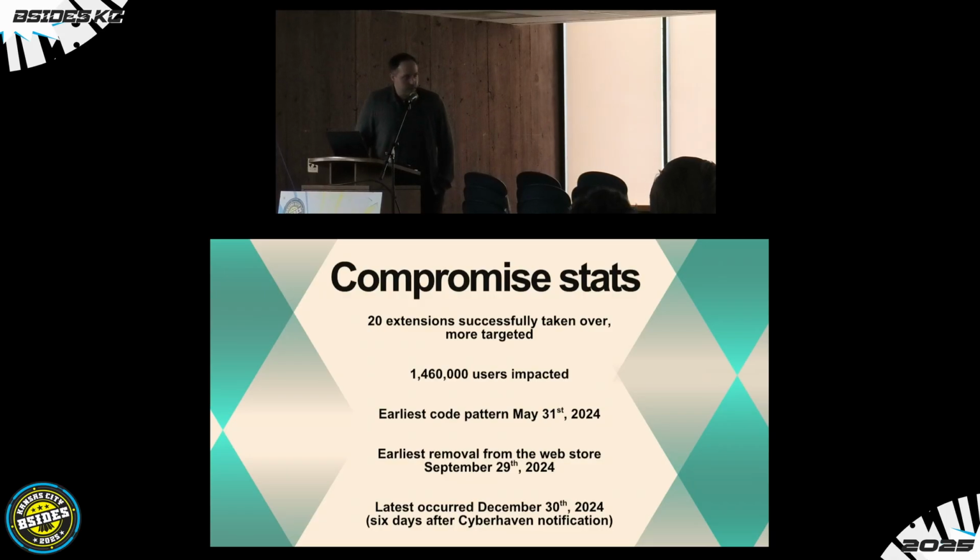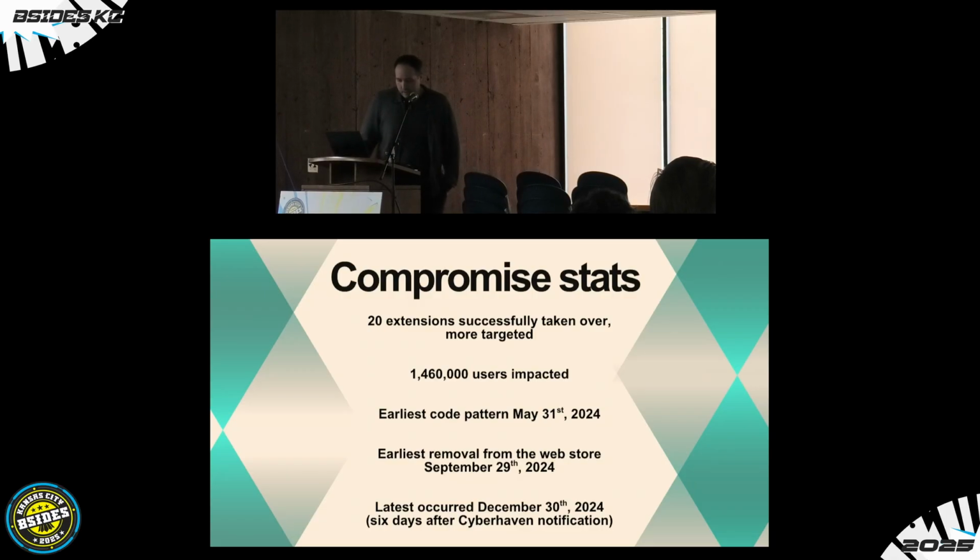What's really crazy is there's a very early code pattern that I found that dates back to May 31st of 2024. This code had existed in the Chrome Web Store, maybe in very specific cases, but nobody really knew to go in, analyze it, and understand what it's doing until Cyberhaven put out their notice around Christmas time.